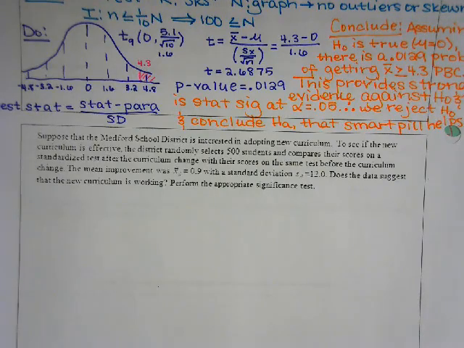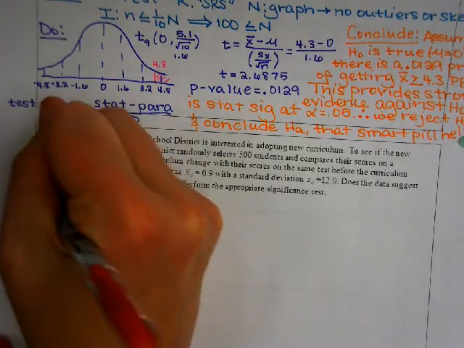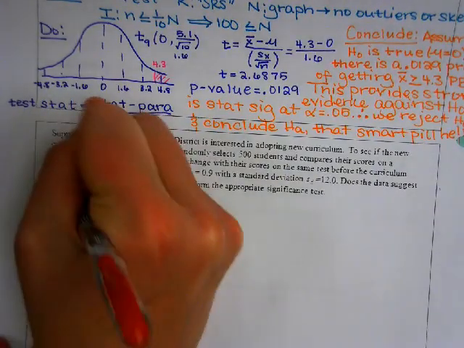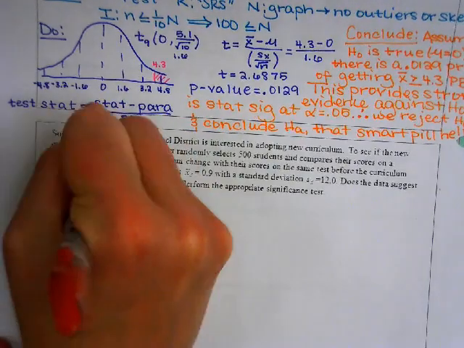We're going to state, plan, do, conclude. So what's our null? No, we would assume there is no difference. We want to see if there is a difference. So our null is that there is no difference, or mu equals 0.